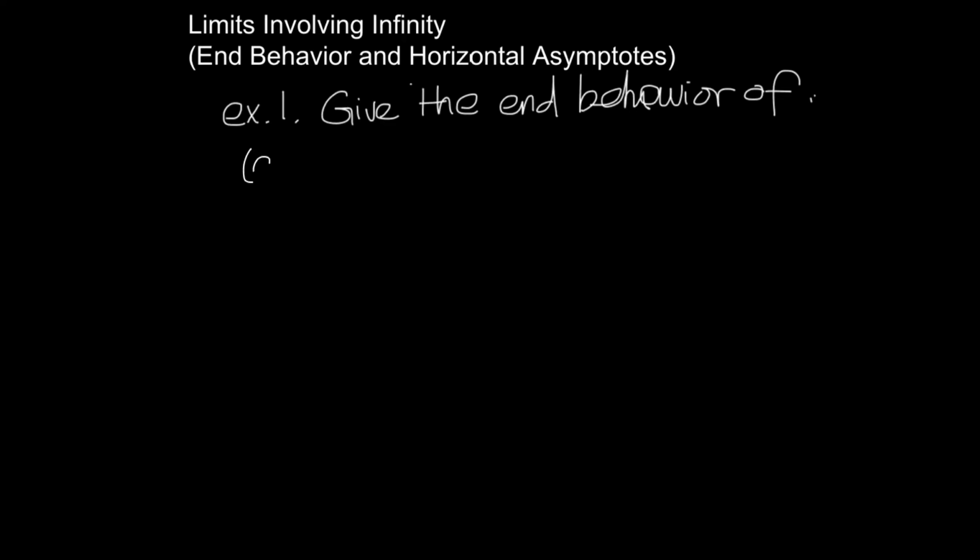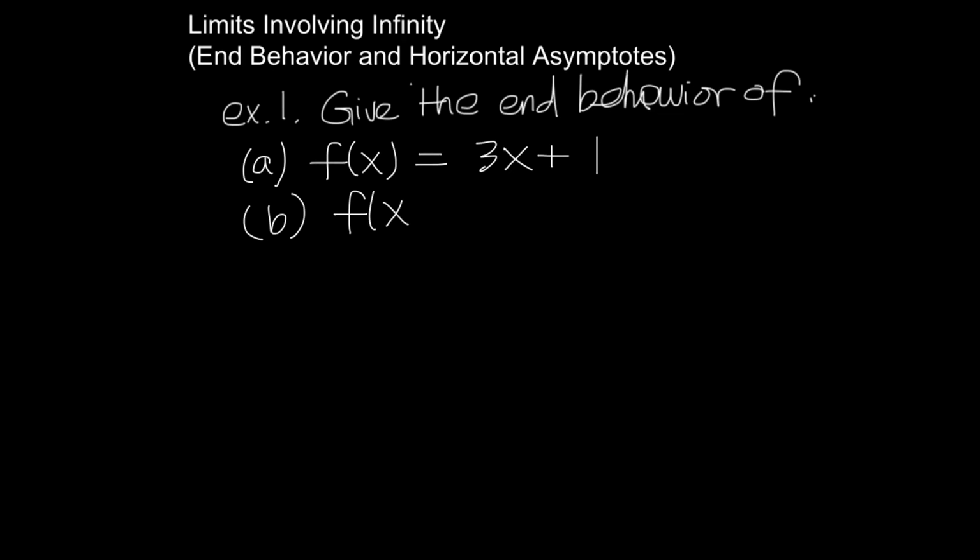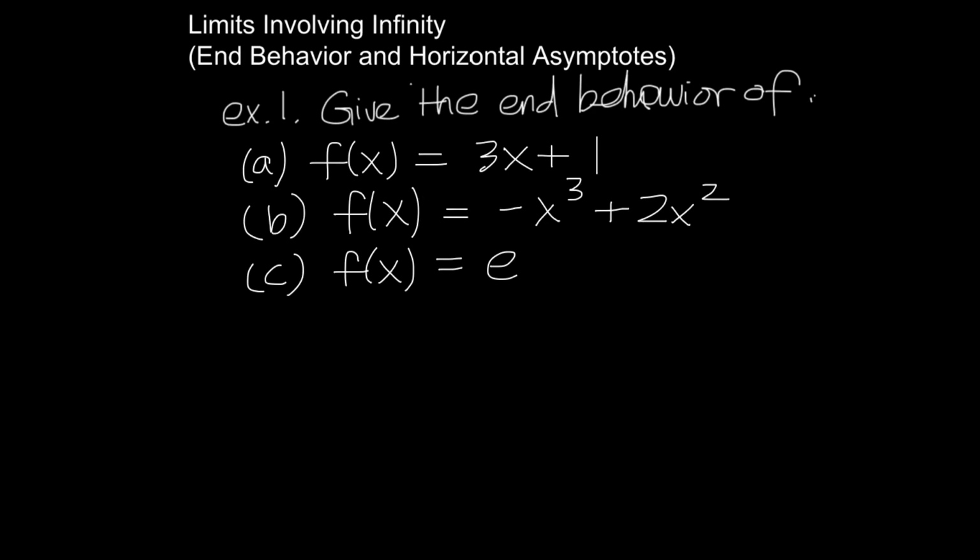The first one is f of x equals 3x plus 1. The second one will be f of x equals negative x cubed plus 2x squared. The third one will be f of x equals e to the x.